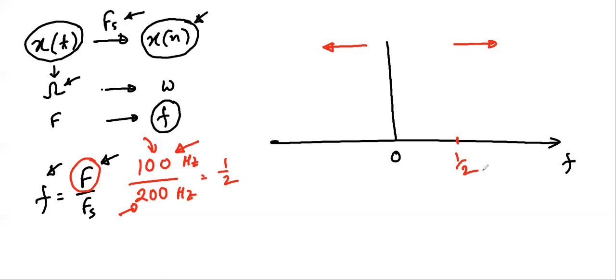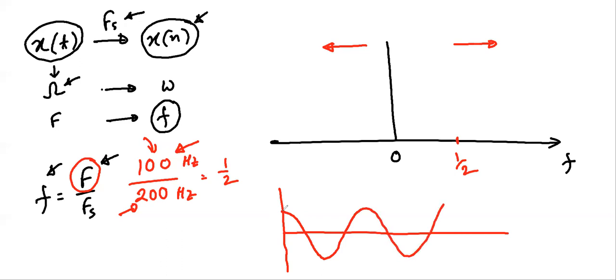Of course, there is a significance of this. Graphically, what does it mean? If I have some signal like this, I choose a cos signal. What does it mean physically? Small f is equal to 1 divided by 2. What does it mean physically?